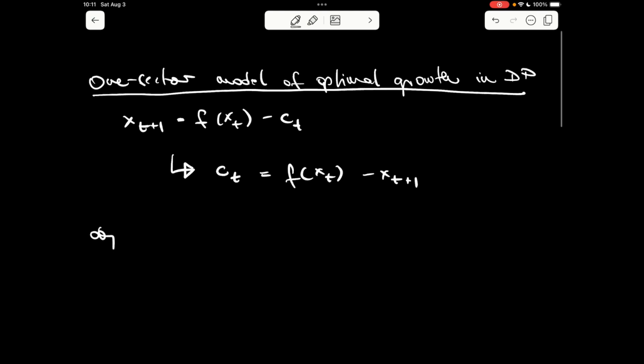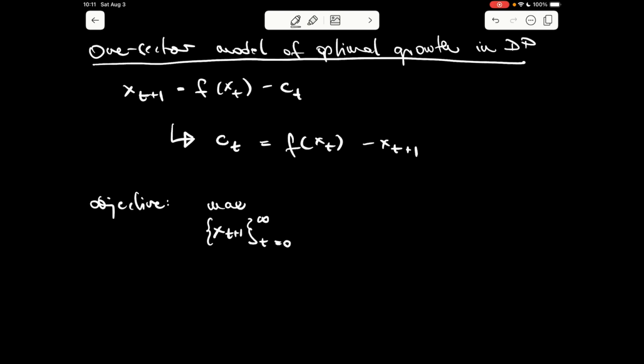The objective, so this was the law of motion. The objective is to maximize, this is very important, utility in terms of a path for the capital stock.